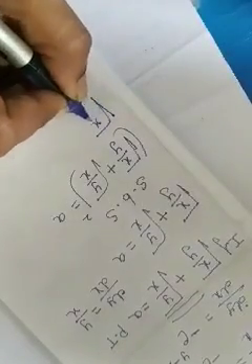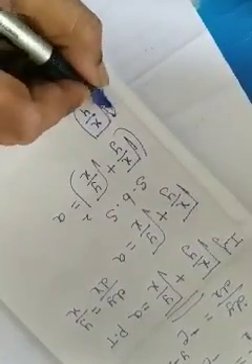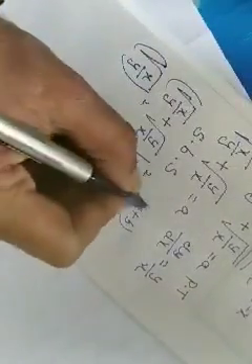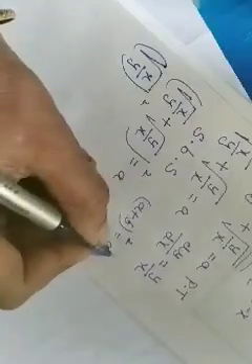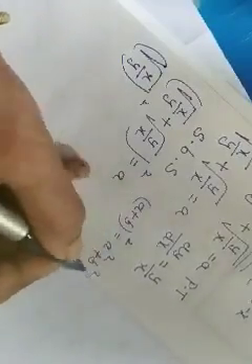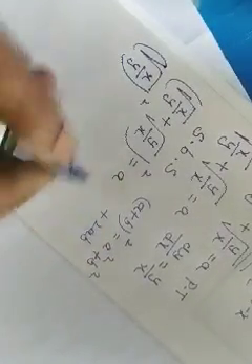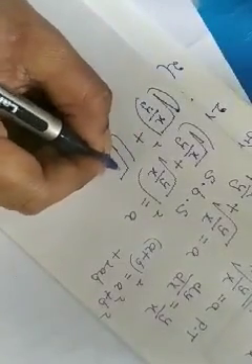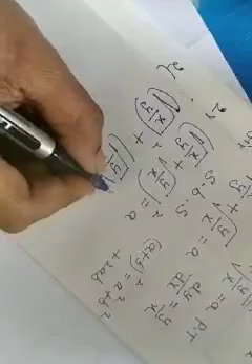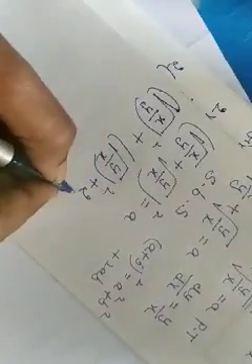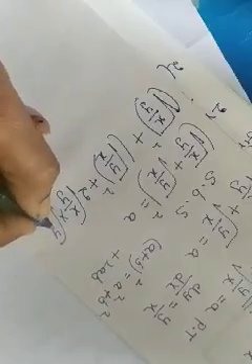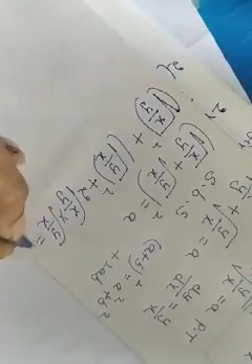Root of x by y squared, it is in the form of (a plus b) the whole square, which is equal to a square plus b square plus 2ab. So a square plus b square plus 2ab is equal to a square.